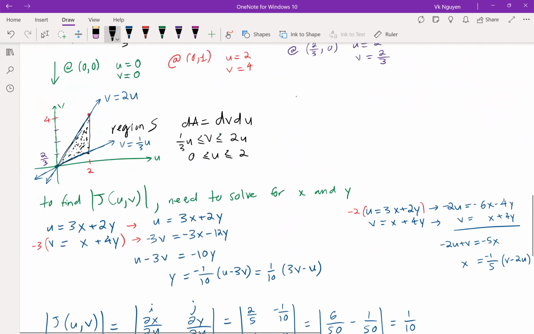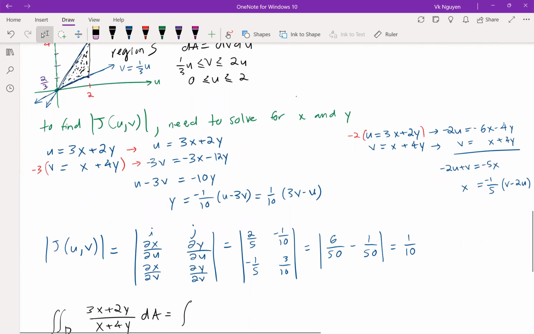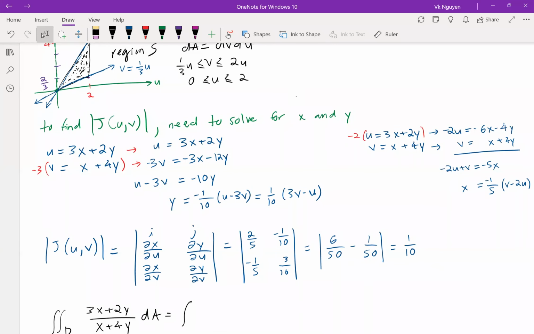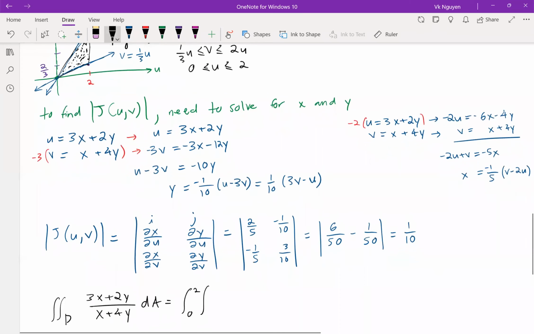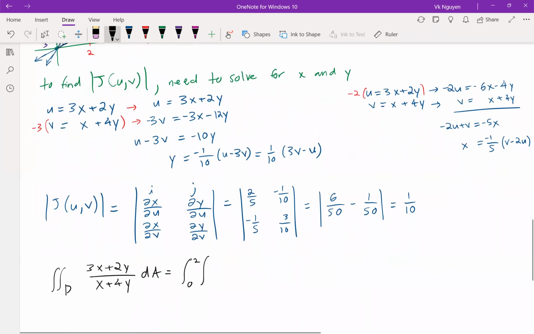The region S, 0 to 2, and u over 3 to 2u.